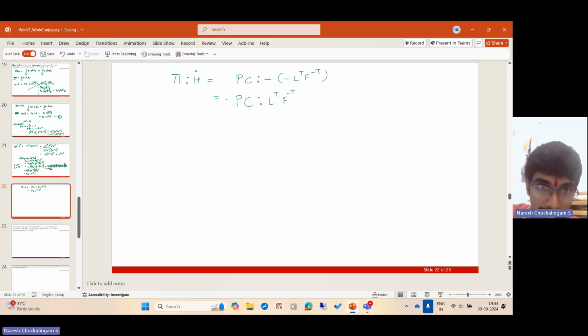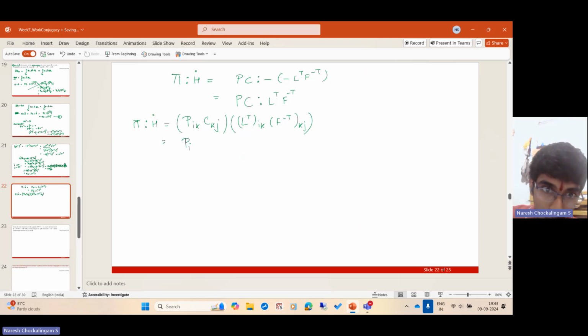Now you can use the initial notation. So pi contracted with H dot is nothing but P I K C K J. So this is P C I J multiplied with L transpose IK F inverse transpose Kj.